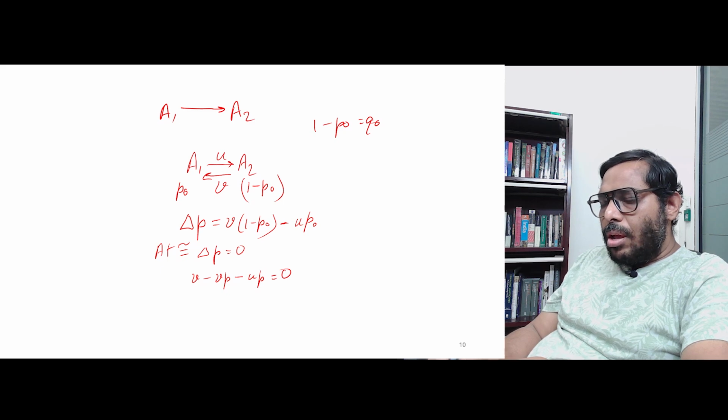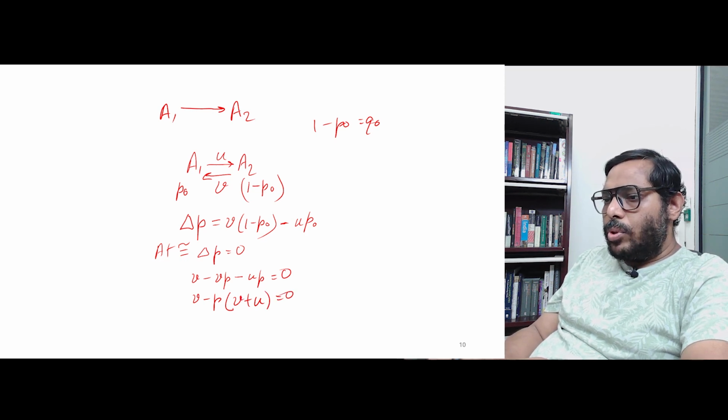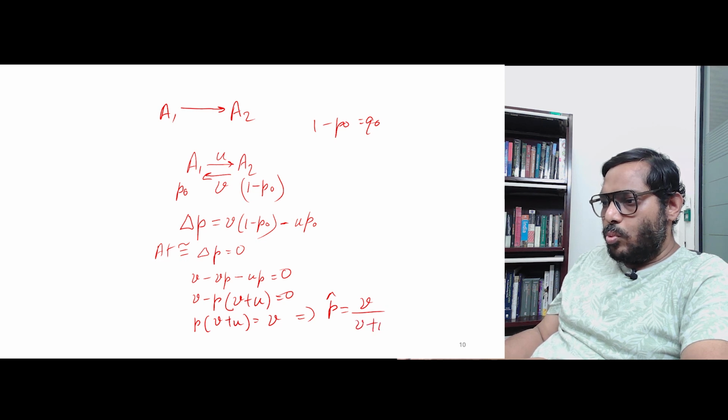So, I take minus p as common, v plus u, is equal to v, and I can take the p to the other side. So, p into v plus u is equal to v, which implies that p at equilibrium, I am just calling it p hat, is equal to v by v plus u.